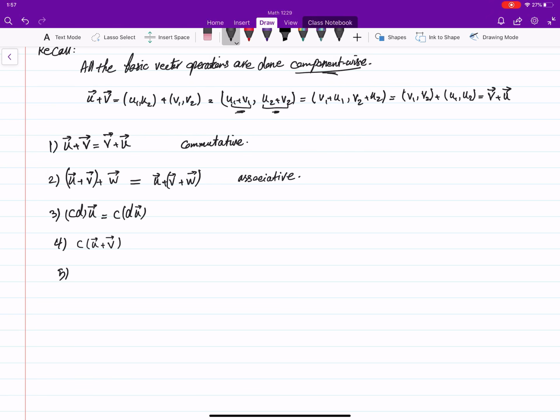This you can first, well, basically distribute. You can scalar multiply c to u, c to v, then you get two vectors, you add them. And the same is when you have two scalars added and then multiplied to a vector. That would give you the same thing as cu plus du. These two properties are called distributive properties.